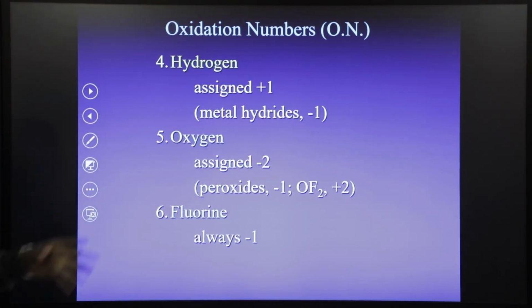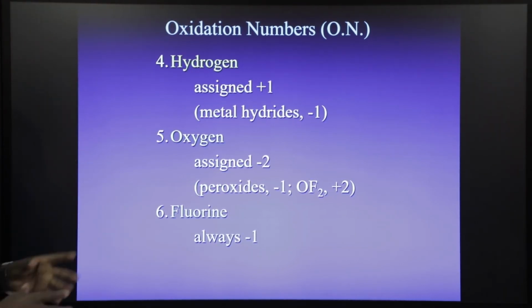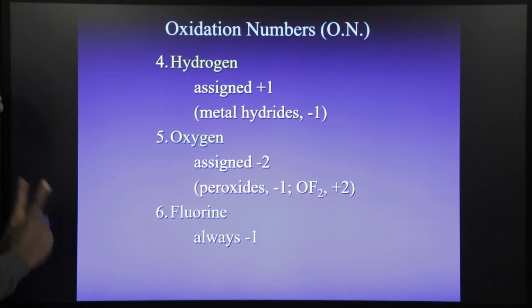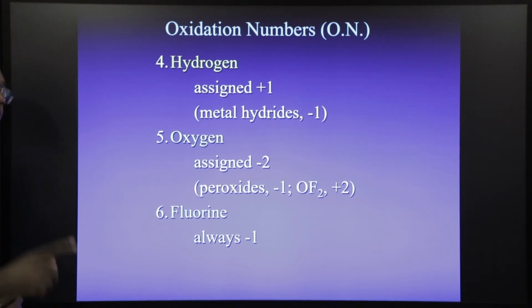For example, for a hydrogen atom you always assign a +1, but when it reacts with metals it forms a metal hydride, and the hydrogen carries a -1 in that instance.